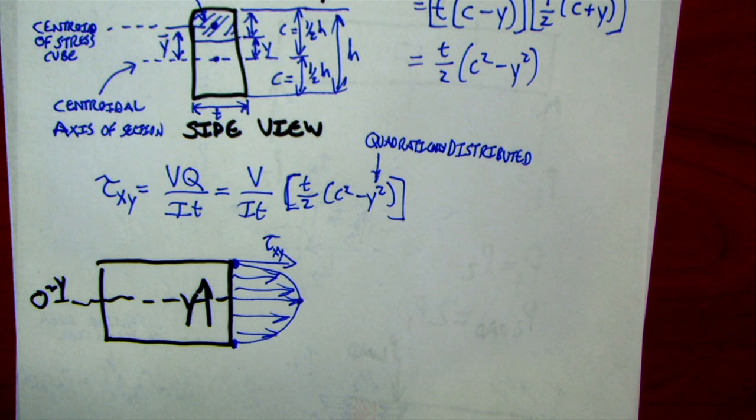However, if we work it out, kind of like how if I just pull on something versus bend something, bending gives me much more normal stress, on an order of magnitude. It's going to be the same thing with shear stress too.